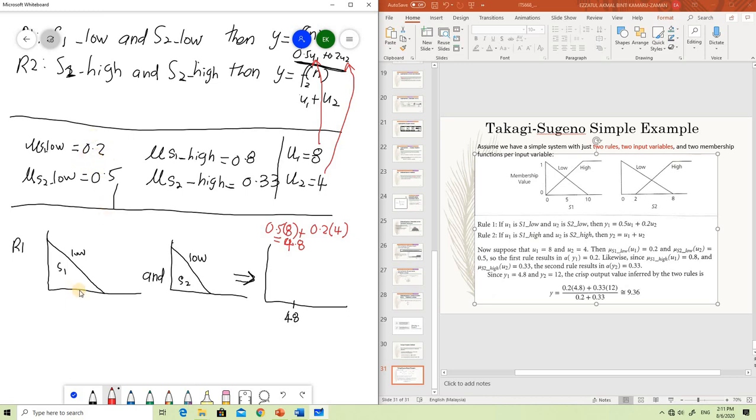We know that the degree of membership of S1 low is 0.2, and S2 low is 0.5, right? So if you compare the first graph and the second graph with AND, what would be the value here? You are going to take the minimum value. So that is why you are going to draw 0.2 as the degree of membership here. So this is 0.2. So the spike will go up till 0.2.